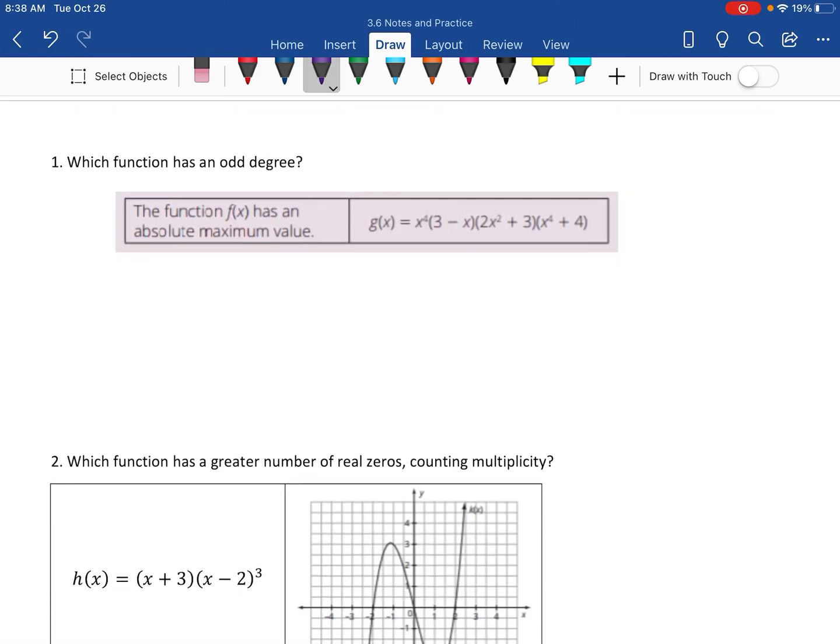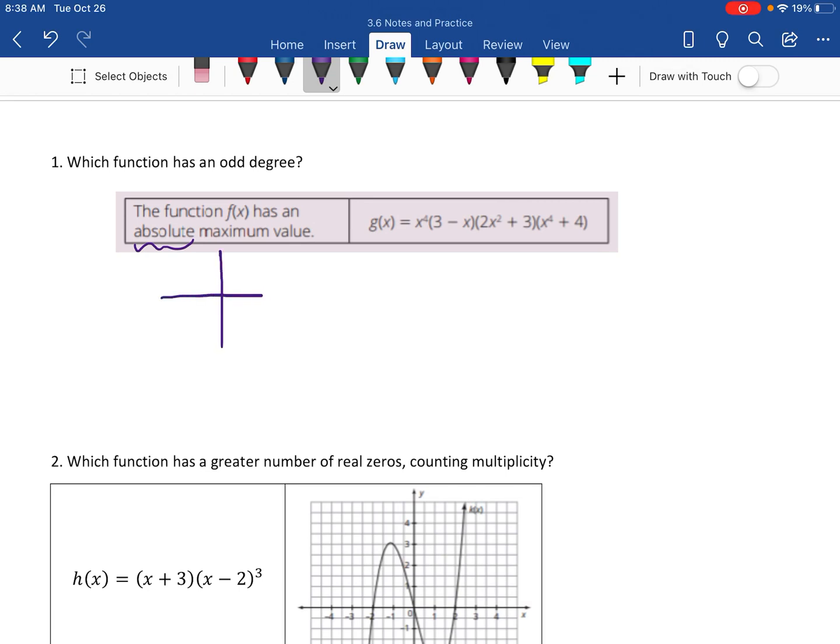Alright, now for number 1, it says which function has an odd degree. Now I know I didn't cover absolute maximum. It says the function f of x has an absolute maximum value. If it has an absolute maximum, that means that it only has a maximum, no minimum. There is really just one curve, not multiple.